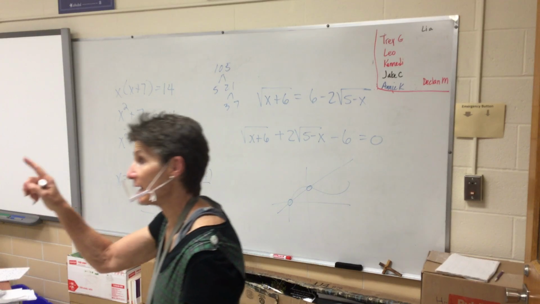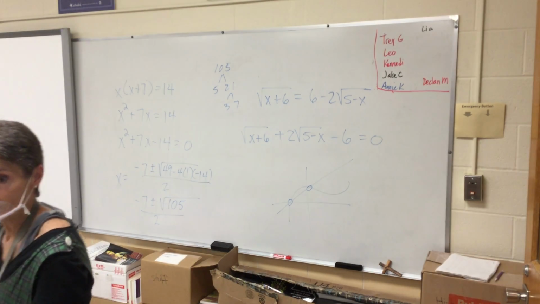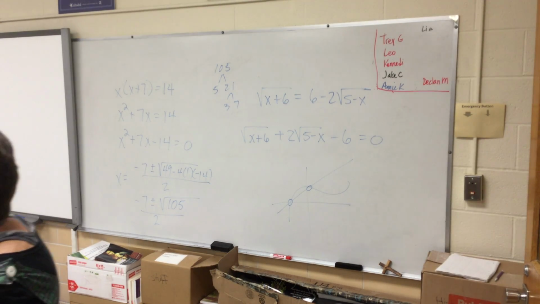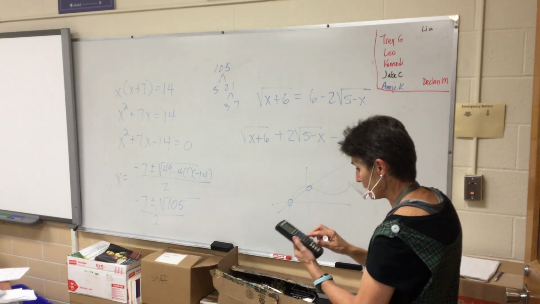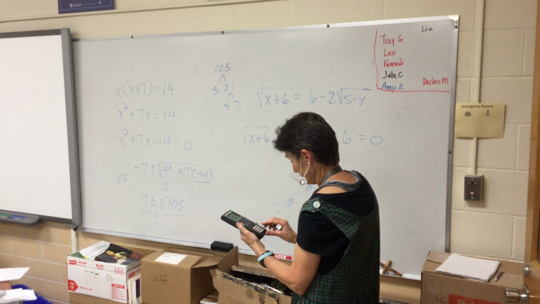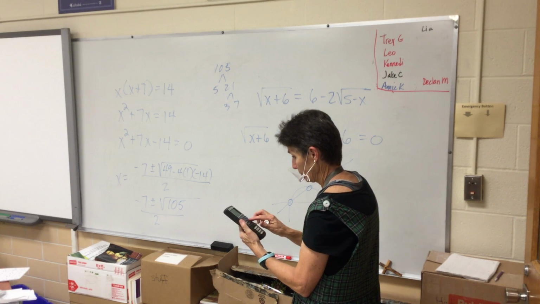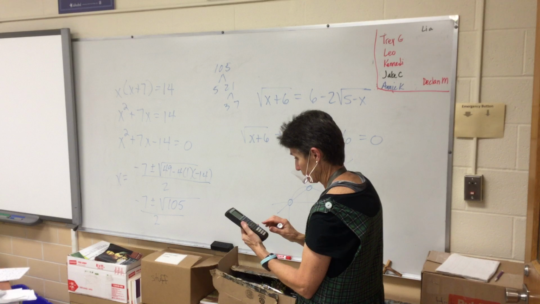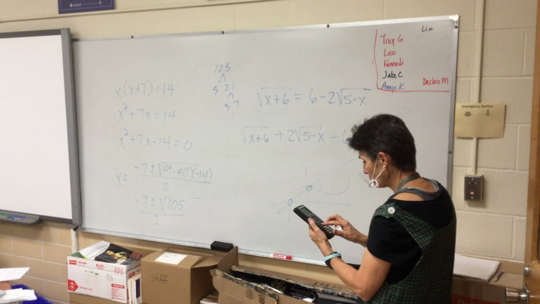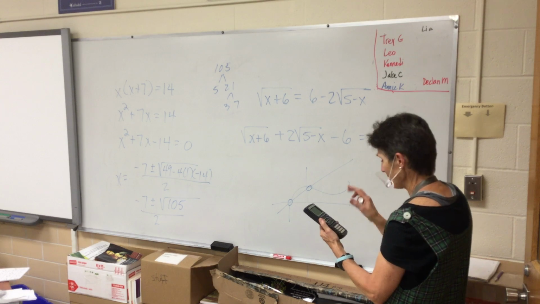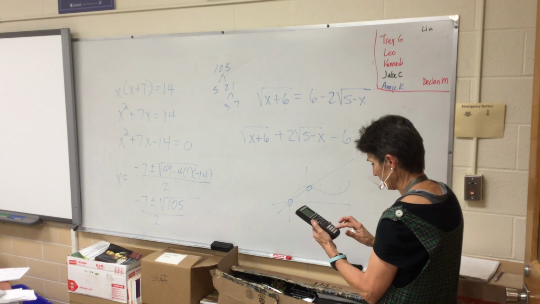You're going to go into second calc, and you're either going to pick zeros, you're going to pick the intersect. So I don't care. Pick one way or the other and do it, and let's see what answers we come up with. Remember, you have to go in through y equals. You're graphing, so you got to be y equals.